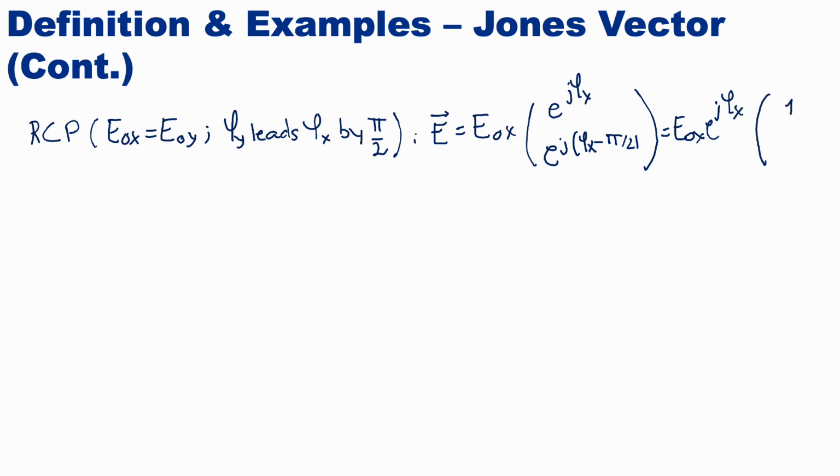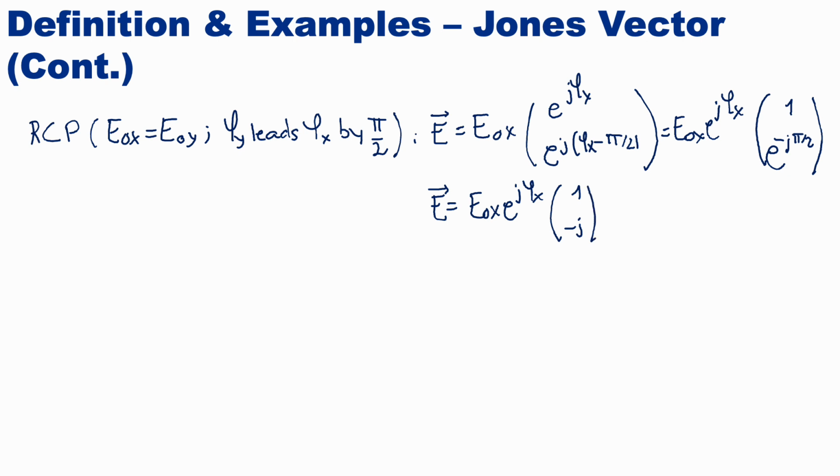So here we have 1, the exponential of minus j pi over 2. So our electric field is going to be, and then this is going to become minus j if we apply Euler.